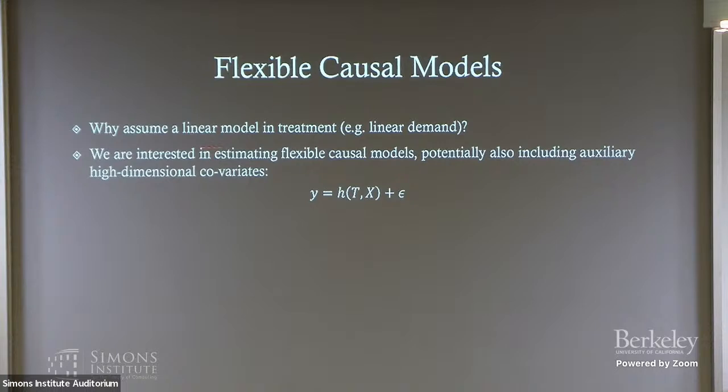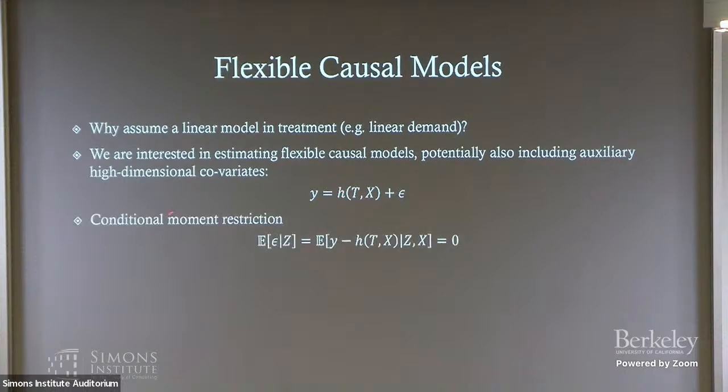And so we're interested in fitting more flexible causal models, potentially also including other high-dimensional covariates that might create heterogeneity in the effect. So we're interested in such a situation where the outcome is some nonlinear, some flexible function of the treatment and the covariates plus an endogenous error.